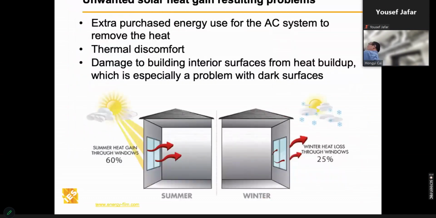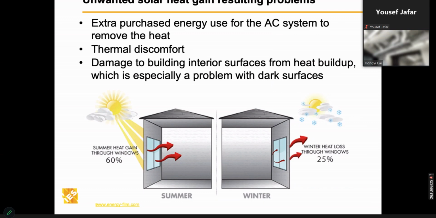Another typical problem associated with daylight is unwanted solar heat gain in summer, or losing the wanted solar heat gain in winter. I believe you will easily understand this because in summer, when the sun is high, you actually have a lot of solar heat gain. If you don't have a shade or a roof overhang to block the solar heat gain coming into the space, you will have unwanted solar heat gain.